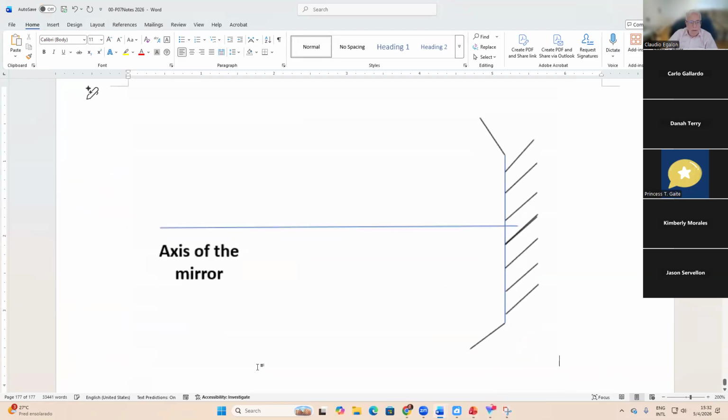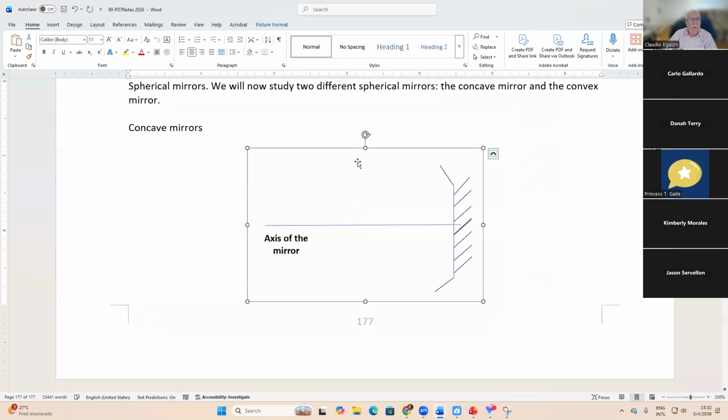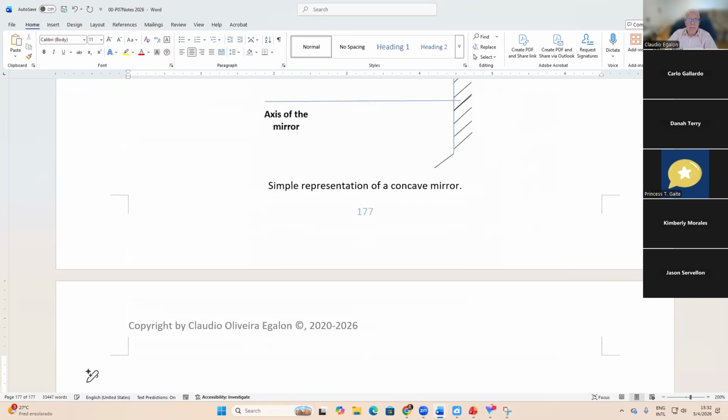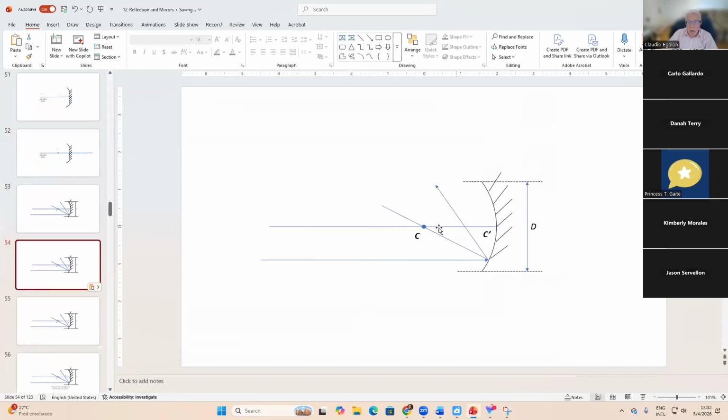Simple representation of a concave mirror. Concave mirror. Okay. And then I'm going to paste here a more realistic representation of a concave mirror.